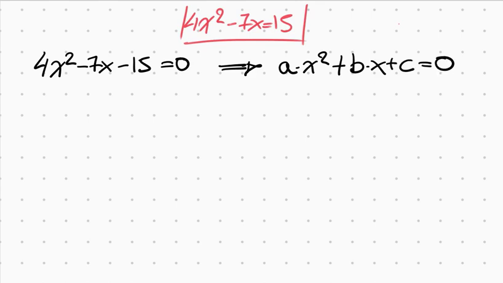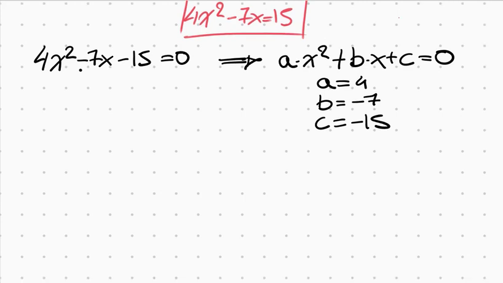And you can see that those two are basically the same thing, with the difference that a corresponds to 4, b corresponds to, be careful here, we have plus and here we have minus, so it's minus 7, and c corresponds to minus 15. So you can take any equation that looks something like this and correspond it to these values, to these variables, basically.